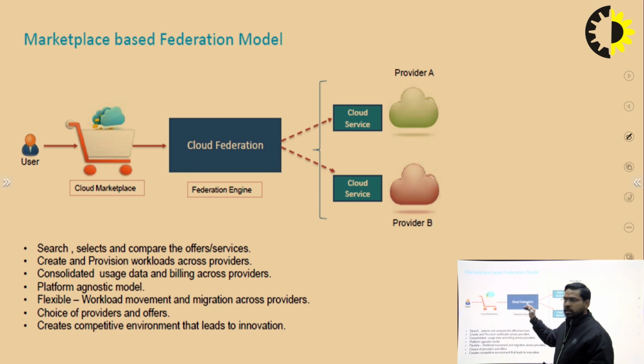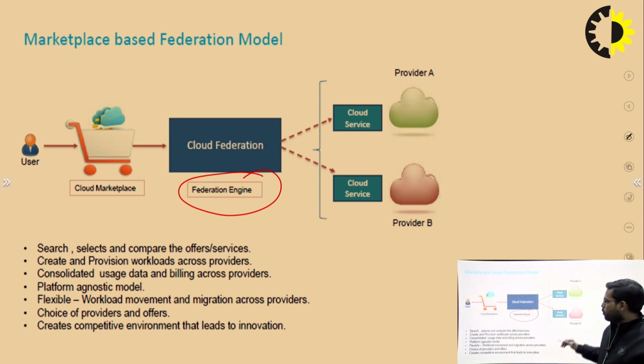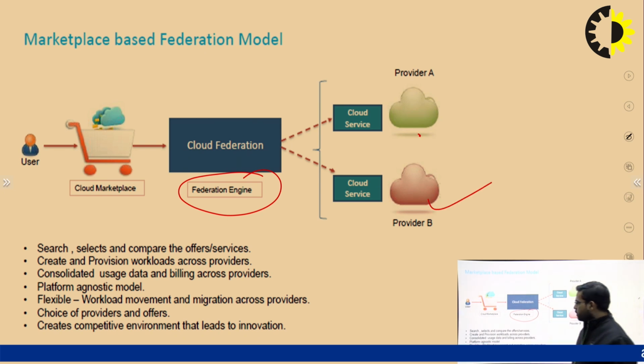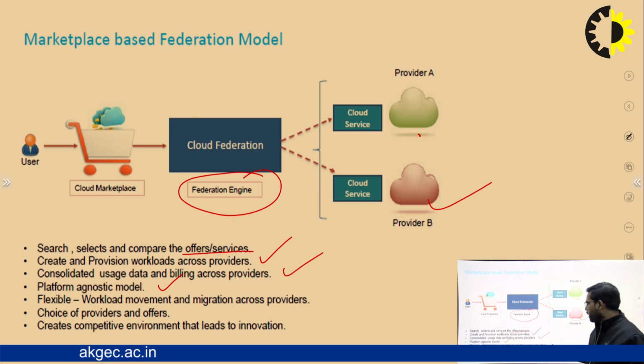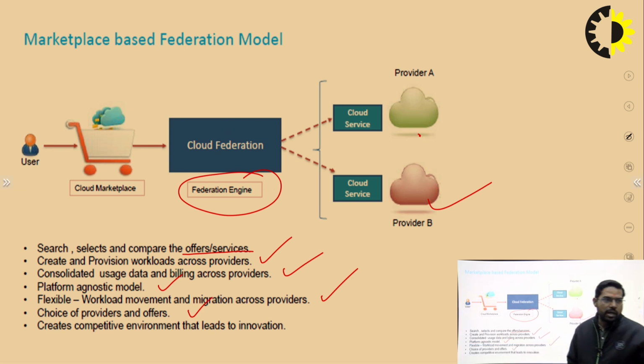After that the cloud federation works with the federation engine, and this cloud federation provides access to providers, cloud service provider A and cloud service provider B. So search, select and compare the offered services, create and provision workload across the providers, consolidate usage data and billing across the providers, platform agnostic model, flexible workload management and migration across providers, choices of providers and offers, and create competitive environments that lead to innovation.